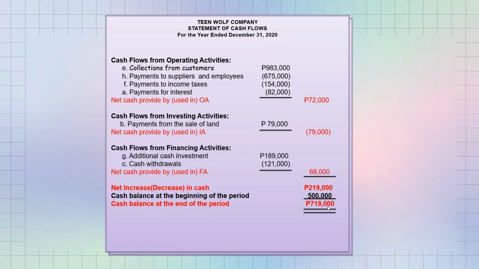So our answer is correct, since the cash balance at the end of the period is 719,000, as stated in the statement of financial position given in the problem.